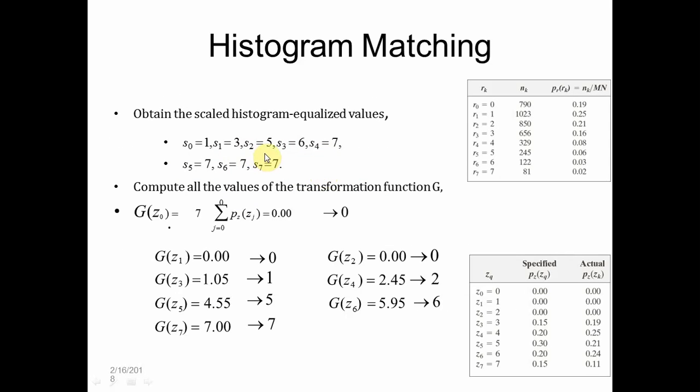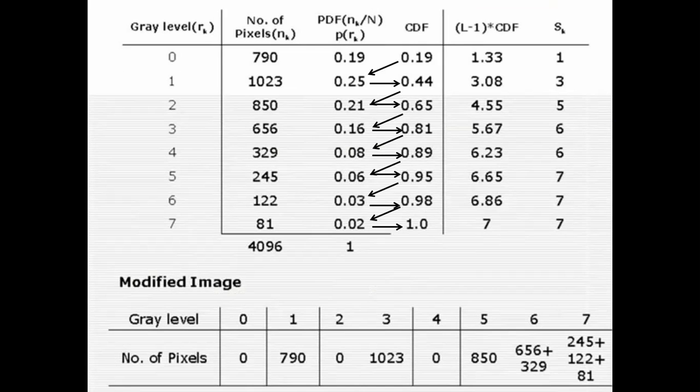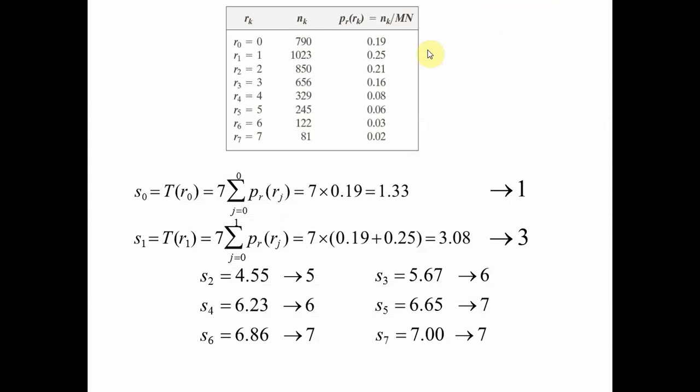You need to equalize the histogram. After equalization, for this histogram, you will get the new values. S0 was 1, 2 missing, directly S1 will be 3. S0 was 1, S1 was 3, S2 was 5, S3 was 6, S4 was 6, S5 was 7, S6 was 7, S7 was 7.